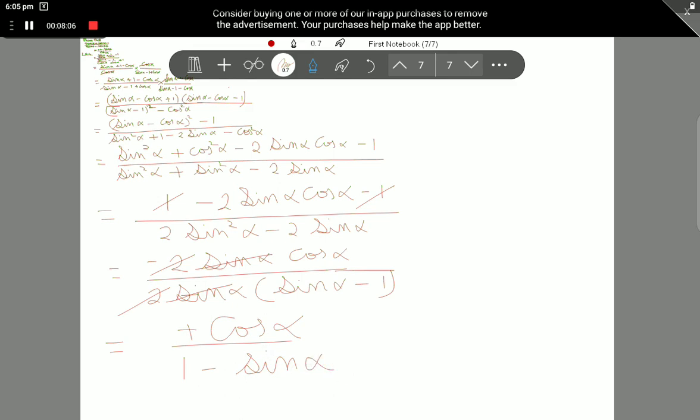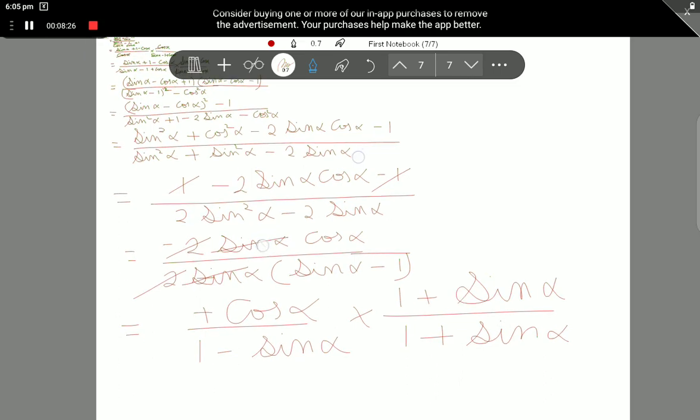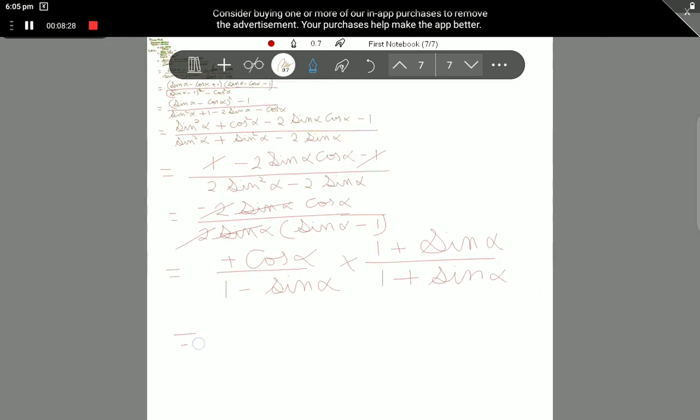But we are not getting the exact expression that we want. So let's multiply both numerator and denominator by 1 plus sin alpha. When you do that, we have the expression equal to cos alpha into (1 plus sin alpha) in the numerator, and in the denominator we have 1 minus sin squared alpha.